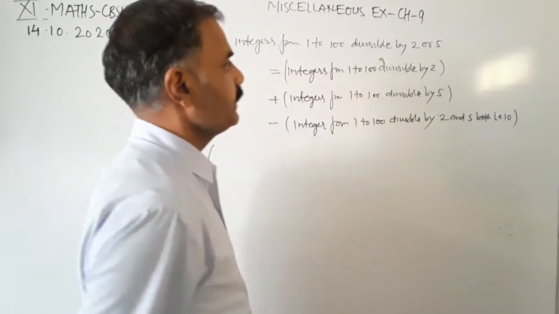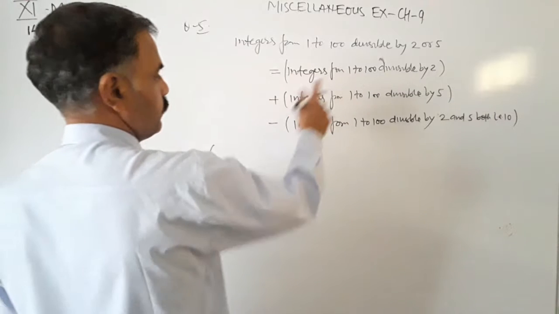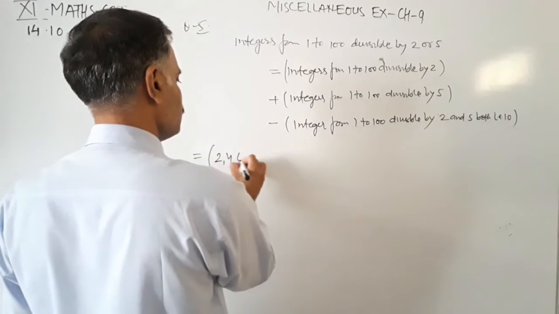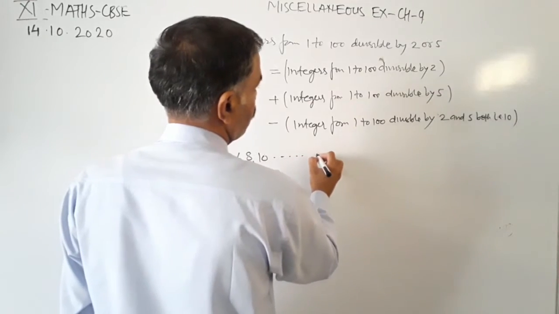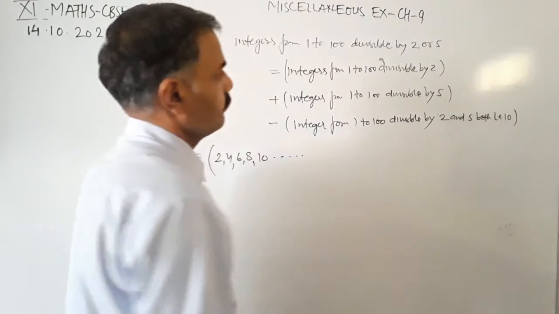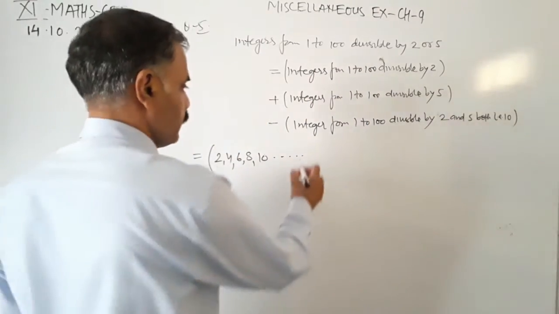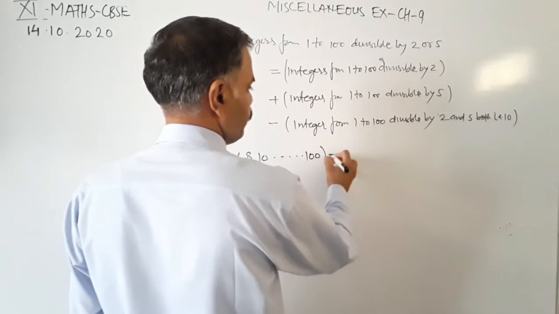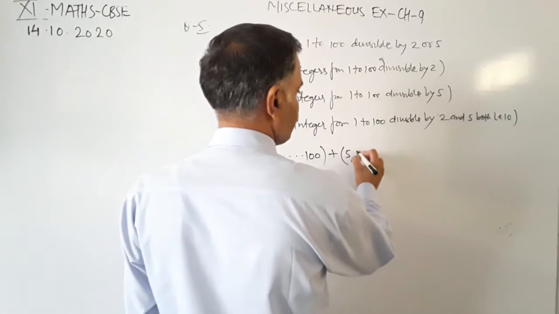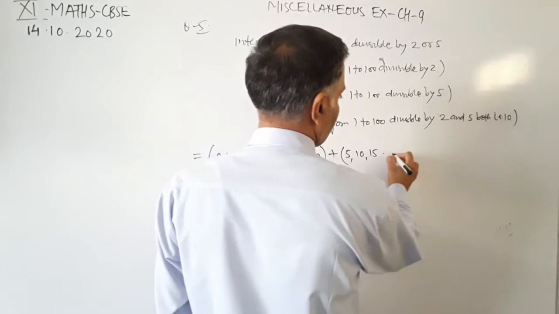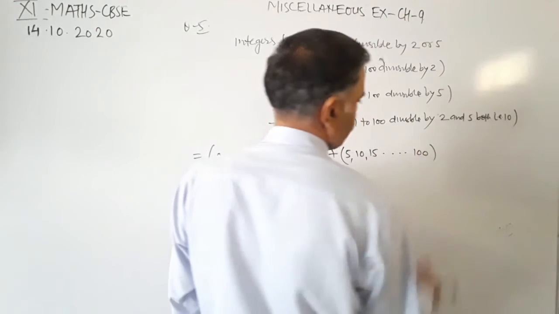So integers divisible by 2 are 2, 4, 6, 8, 10 and so on, up to 100. Plus integers divisible by 5 are 5, 10, 15 and so on up to 100.